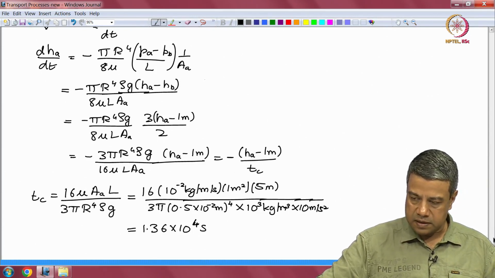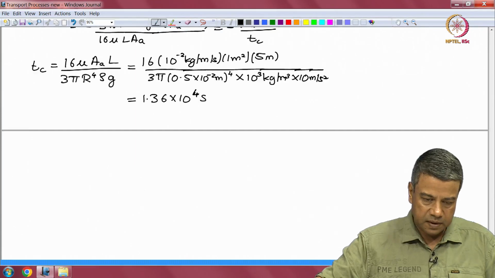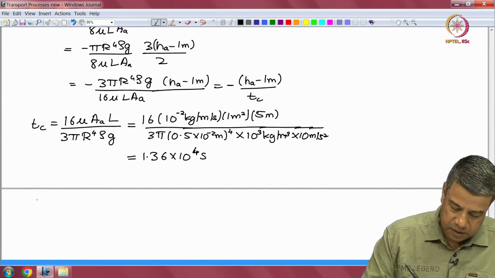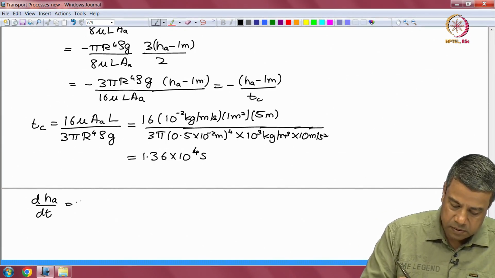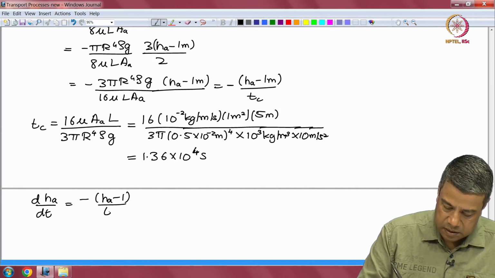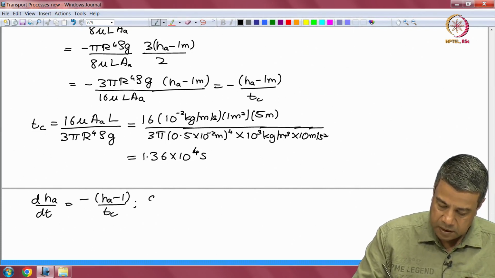So that is the characteristic time. So, dHA by dt is equal to minus of HA minus 1 by Tc.